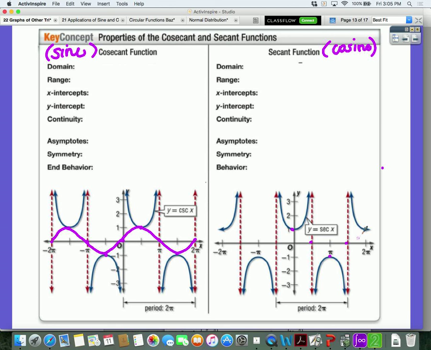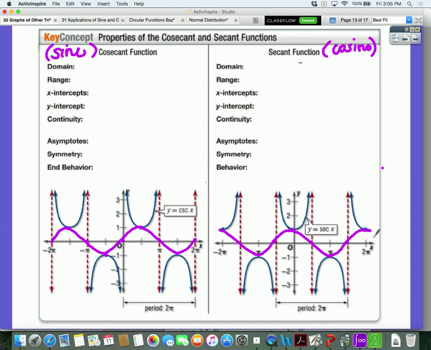So if I were to draw cosine, the same thing there. Exactly. So the zeros of cosine and sine are your asymptotes of secant and cosecant.